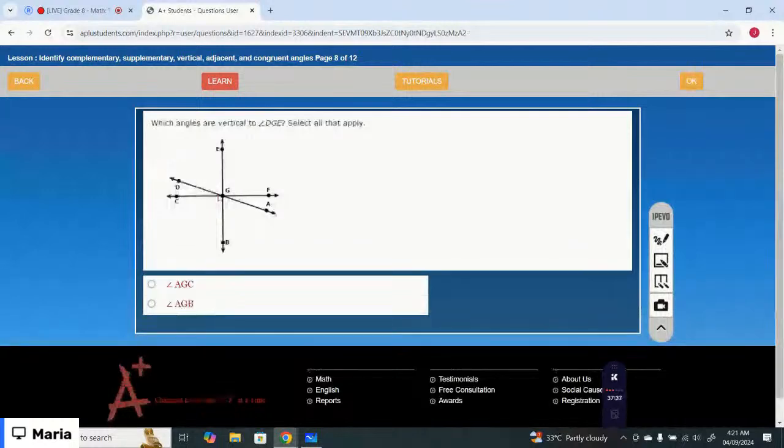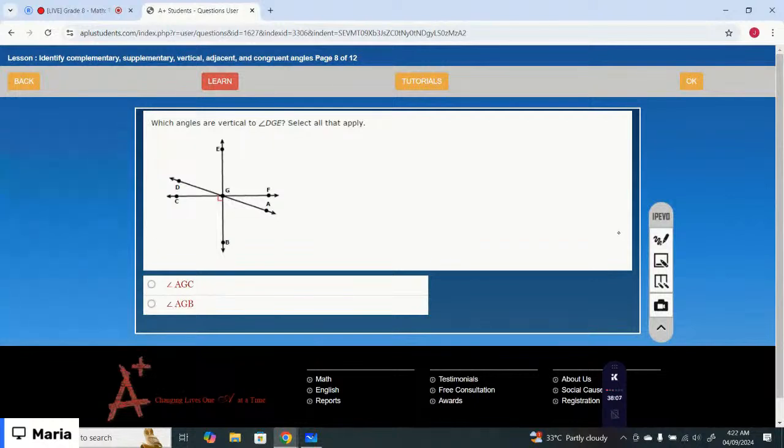Which angles are vertical to angle DGE, which is the correct option? Angle DGE.